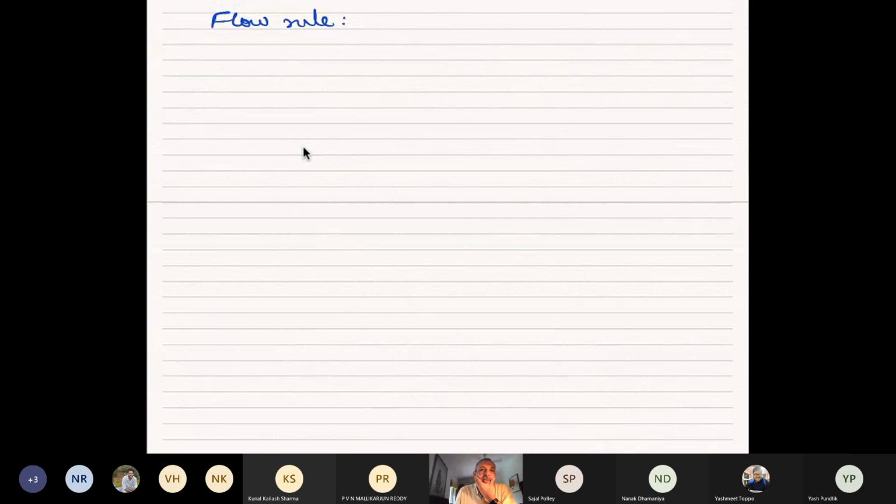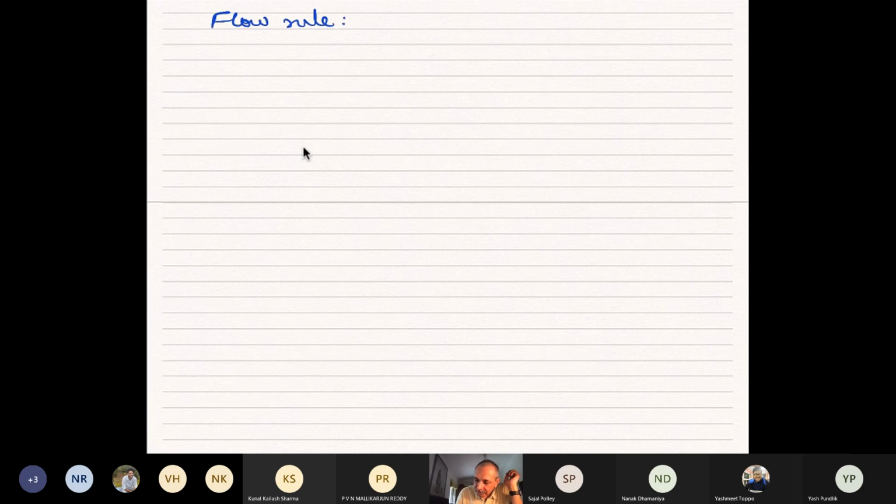Okay. So now again we'll look at the flow rule. Now we are not at the critical state, right? So what does the flow rule tell us?